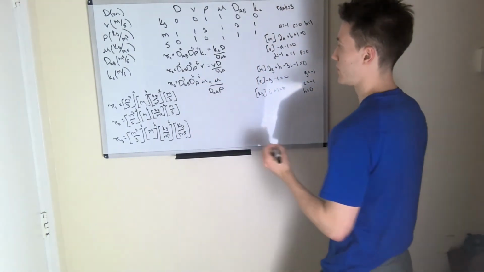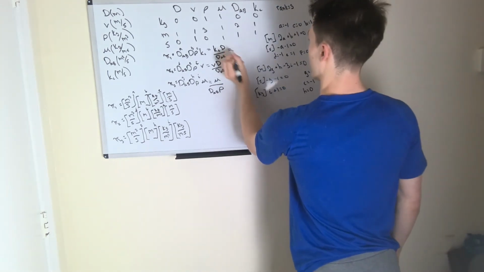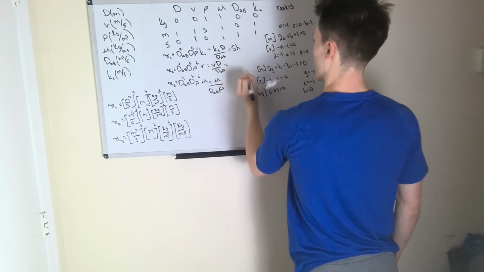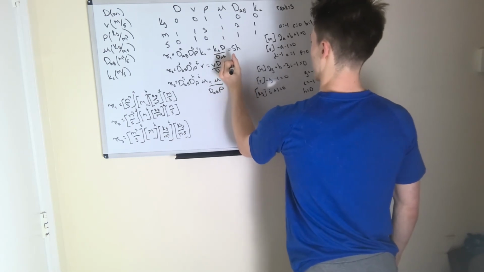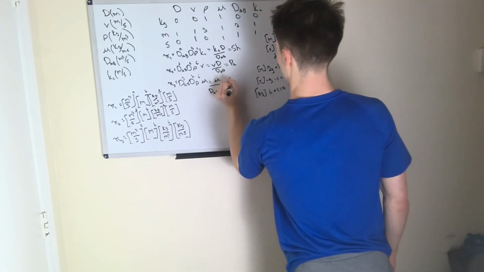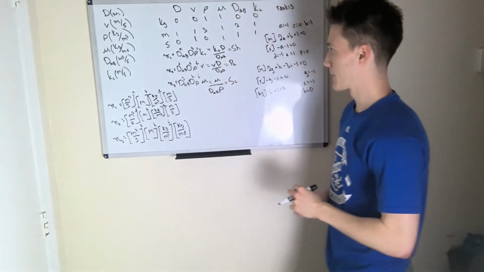So we know that this is equal to Sherwood's number, this is equal to Reynolds' number, and this is equal to Schmidt's number.